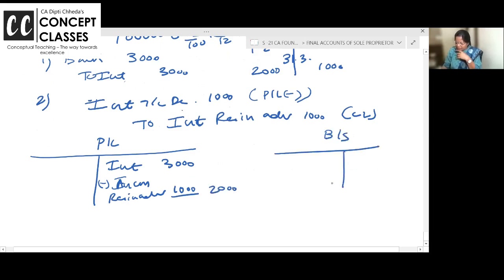Balance sheet में current liability में interest received in advance 1,000. Nice, easy.